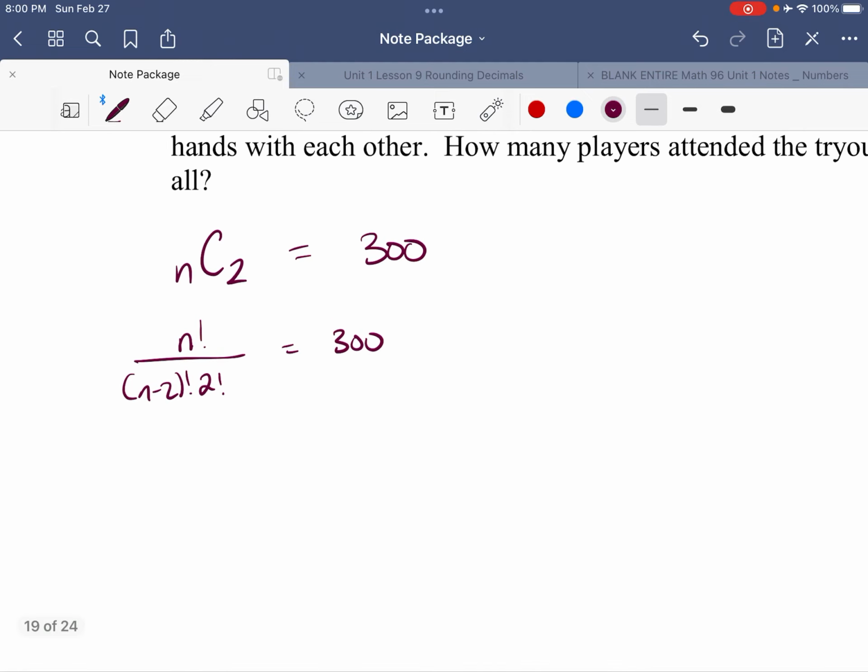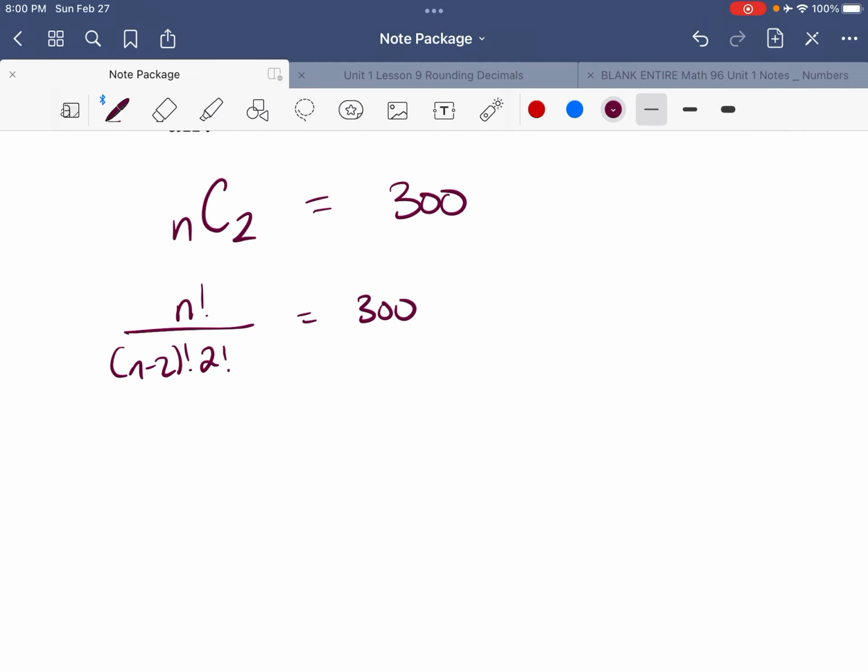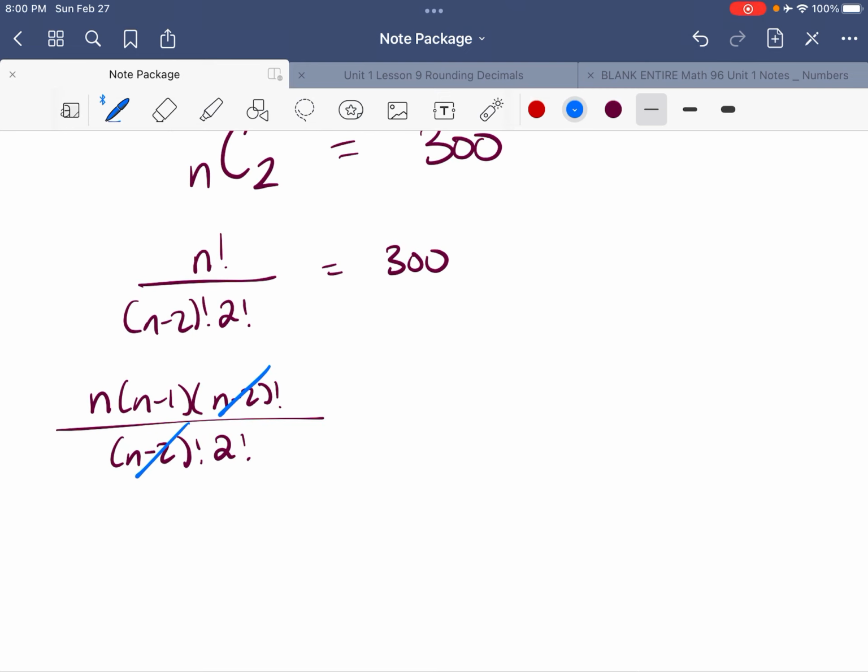Well, let's simplify this a little bit. N factorial is going to be n times n minus 1 times n minus 2 factorial over top of n minus 2 factorial and 2 factorial. Well, the n minus 2 factorial will simplify. This still remains equal to 300. So we're left with n times n minus 1 over 2 factorial, which is just 2, and that equals 300.